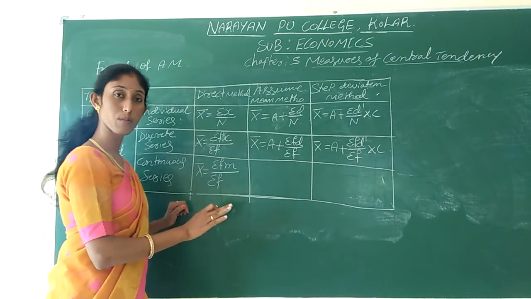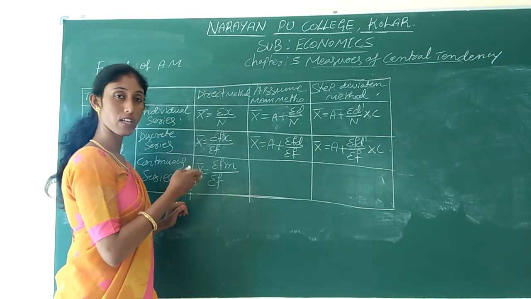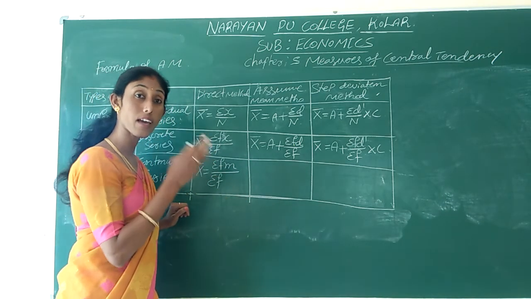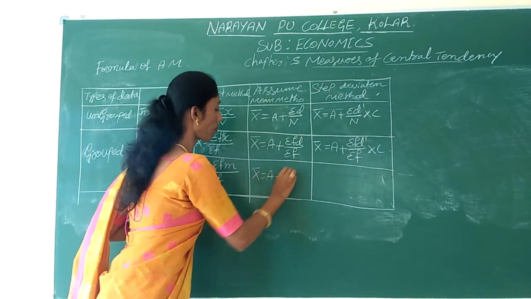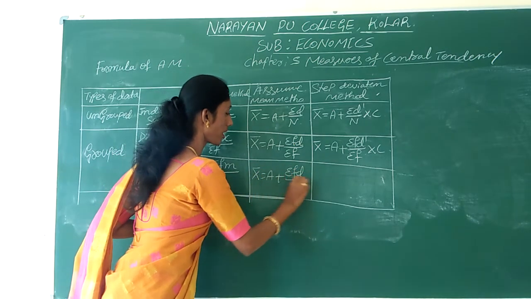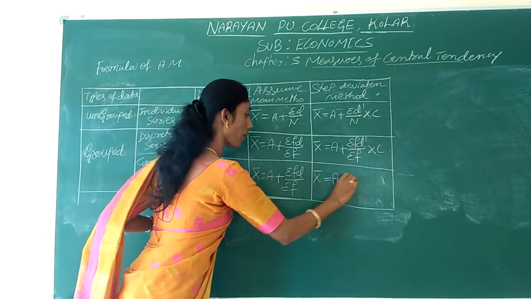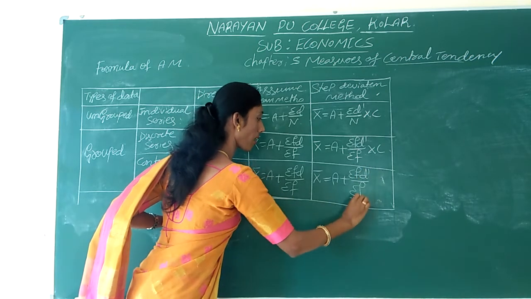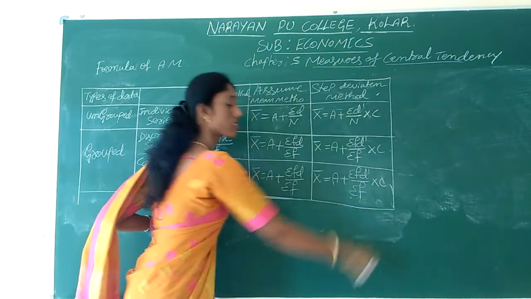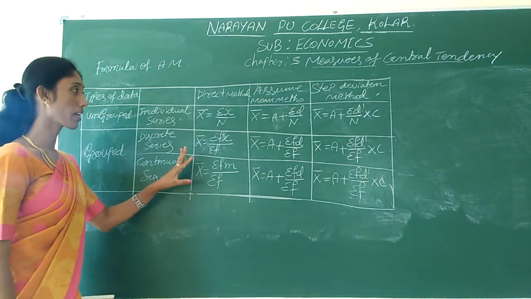The remaining two formulas will be the same and the steps will be similar. Instead of x, we have to consider m. X bar is equal to a plus sigma fd divided by sigma f. X bar is equal to a plus sigma fd dash divided by sigma f into c. This is the formula chart of arithmetic mean.